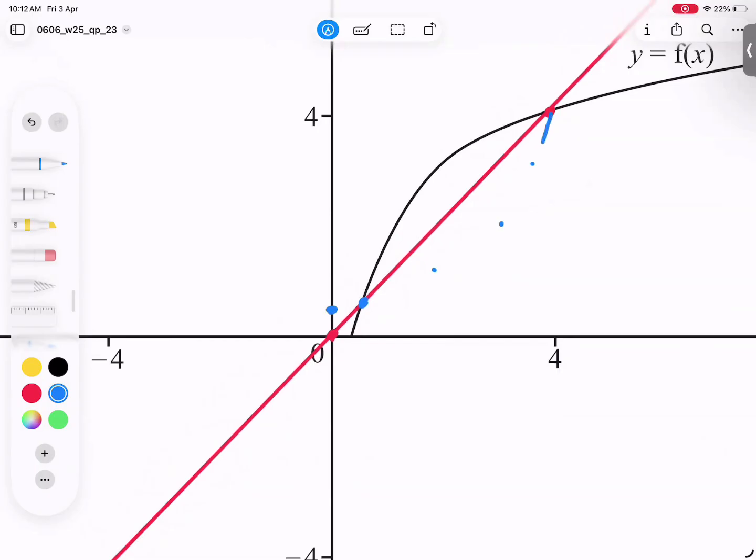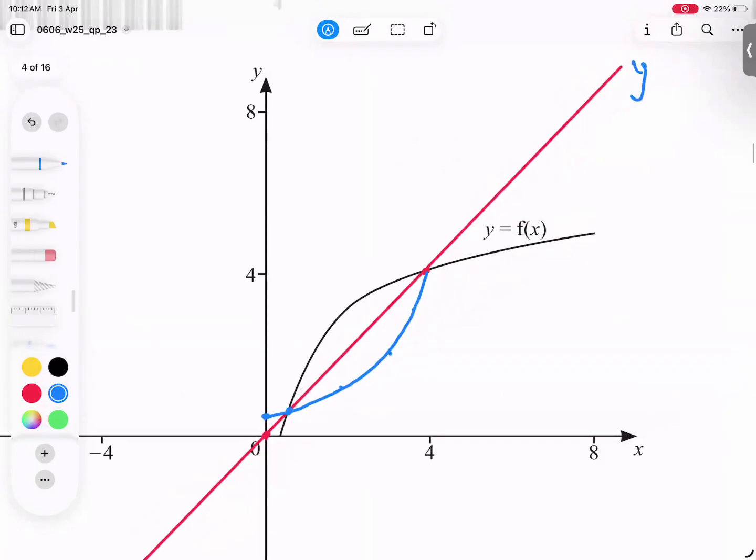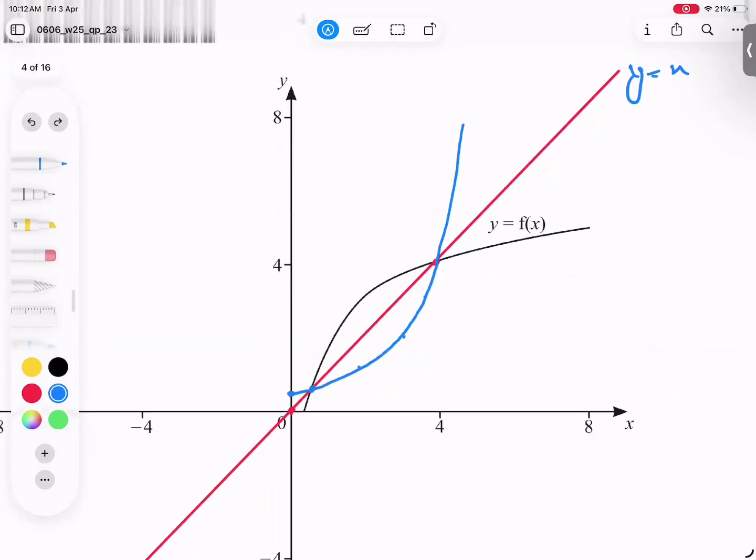If you look carefully, I hope you're understanding. The black color and blue color curves are a reflection of each other in the line y is equal to x. Now what about this part? Same story. How far is this? The same here. I think it is a very clear approach. Alhamdulillah Rabbil Alameen, you can see the black curve is this and the blue curve is this. So they are a reflection of each other.